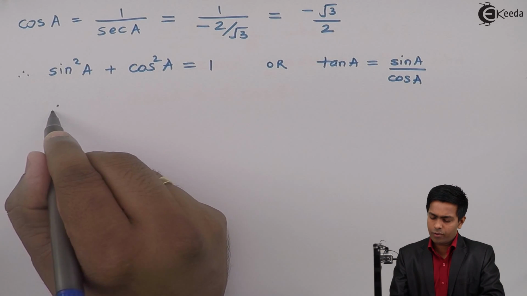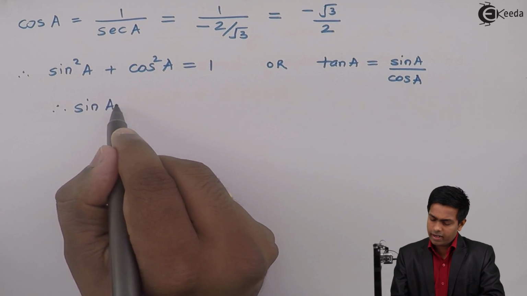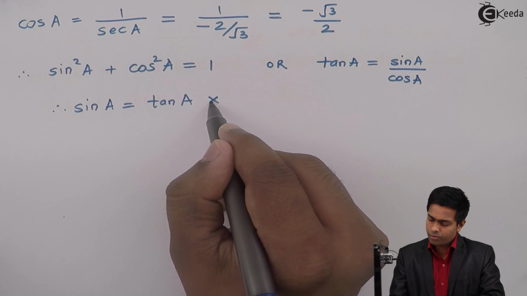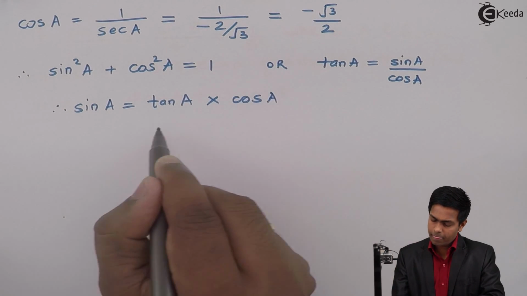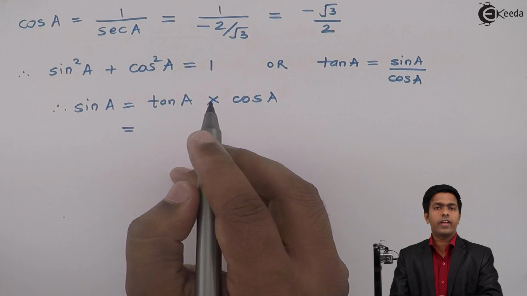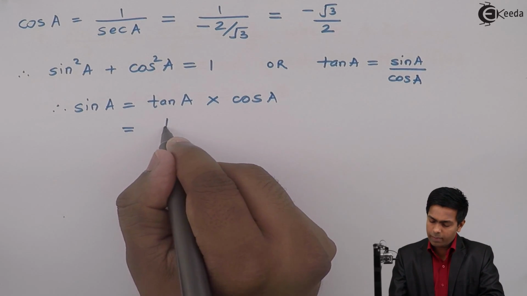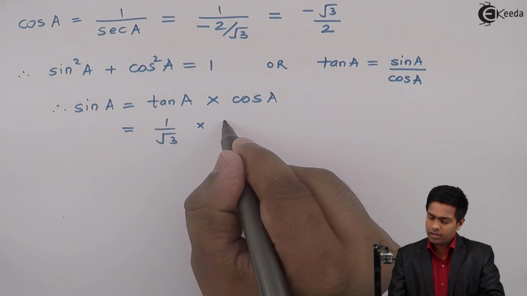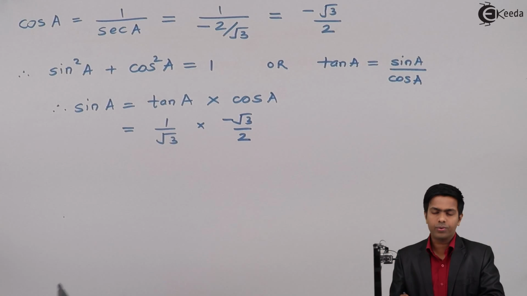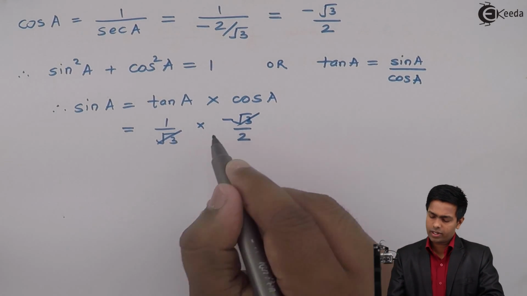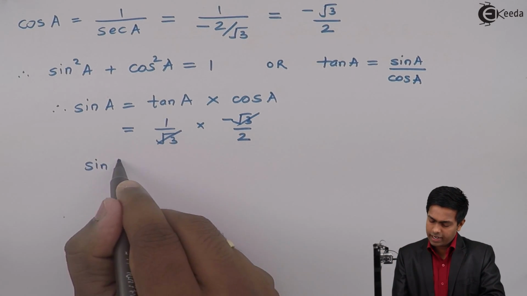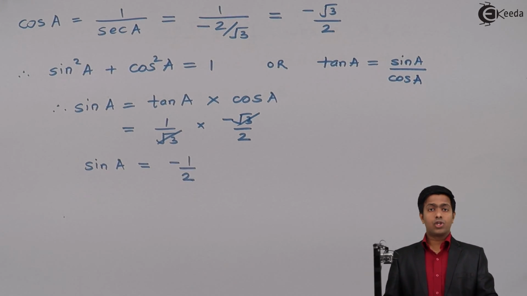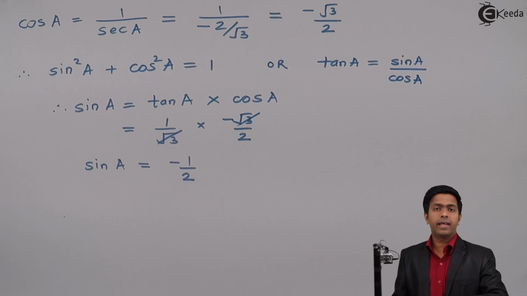Therefore sin of A is equal to tan of A into cos of A. Now the value of tan of A is given in question, that is 1 by root 3, and the value of cos A that we got is minus root 3 by 2. So by cancelling the root 3, we can say that value of sin A is equal to minus 1 by 2. So we got the value of sin A.